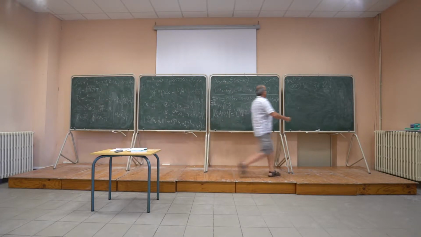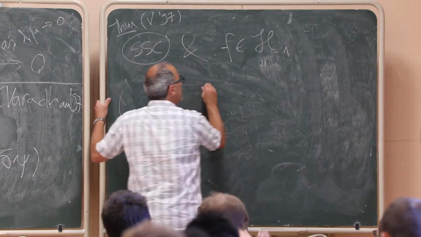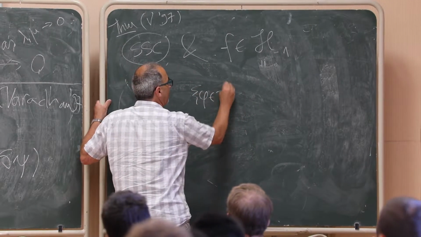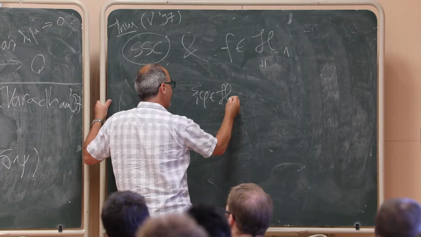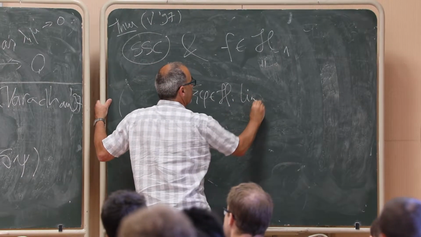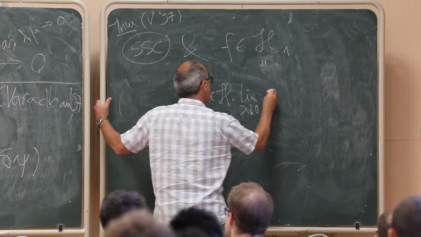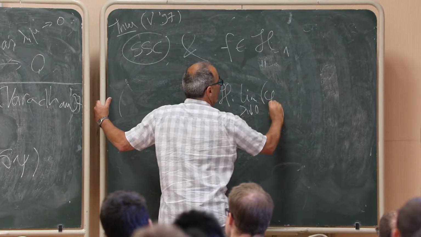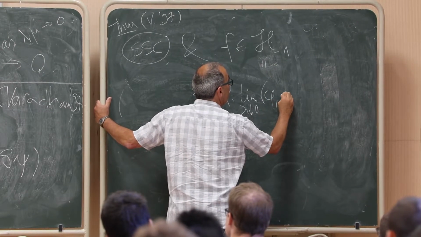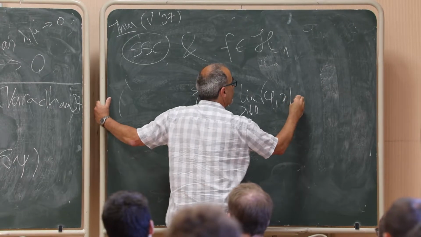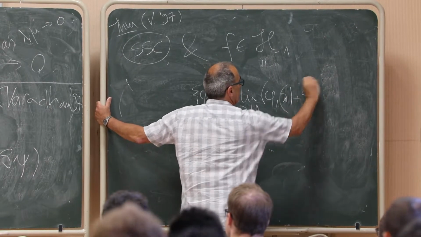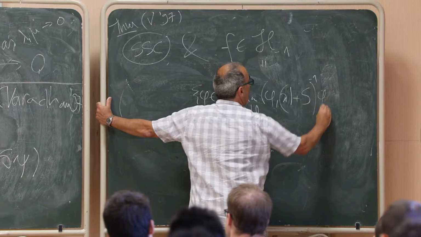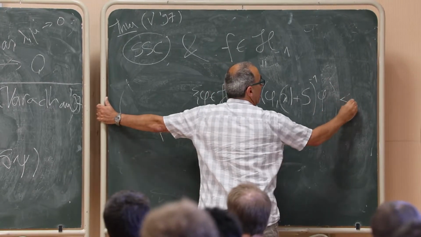Just to recall, H_{-1} is the space of those phi in H for which the limit as lambda goes down to 0 of phi times (lambda identity plus S) inverse phi stays finite.